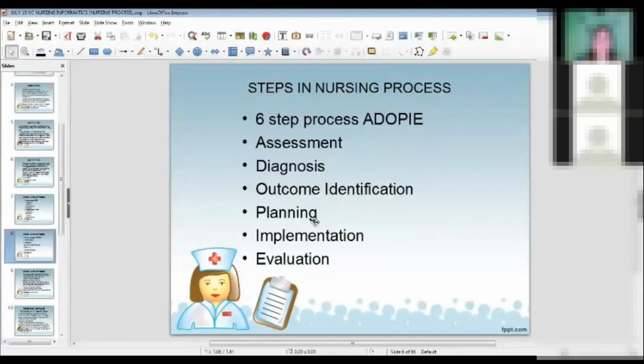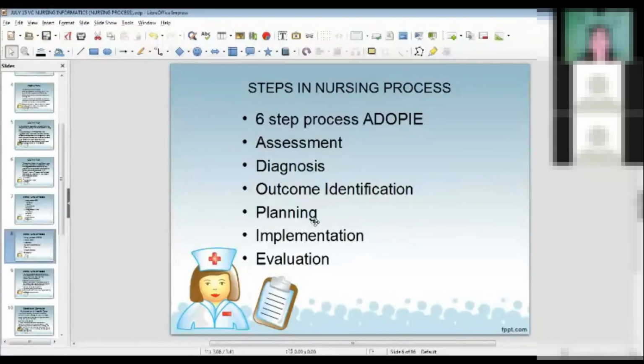So let us give an example for planning. Let us use the pain felt by our patient so we have a basis. When we say SMART or specific, we have to be specific on what we want to achieve at the end of our intervention. For example, we can categorize the pain. Based on the verbalization of our patient, the patient can identify whether this pain is moderate or severe.